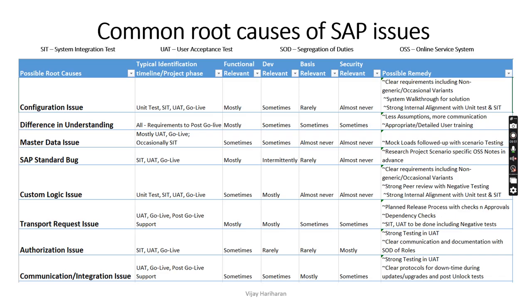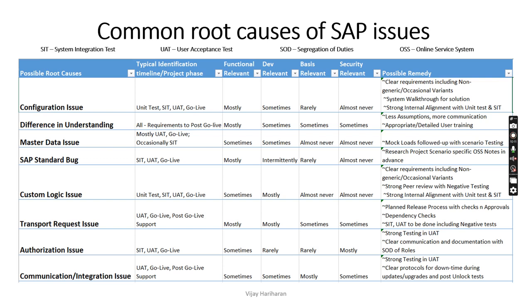It is rarely basis and security, but it can be, because there can be a possibility that a transport program that's supposed to release a transport from one system to another has a bug, and maybe the basis team will have to go and check and find out.